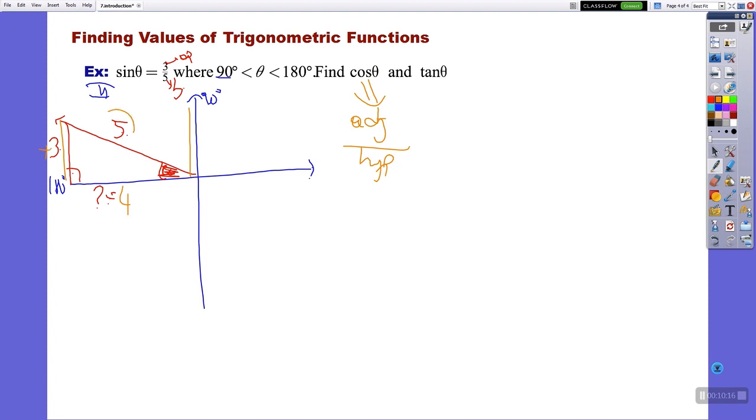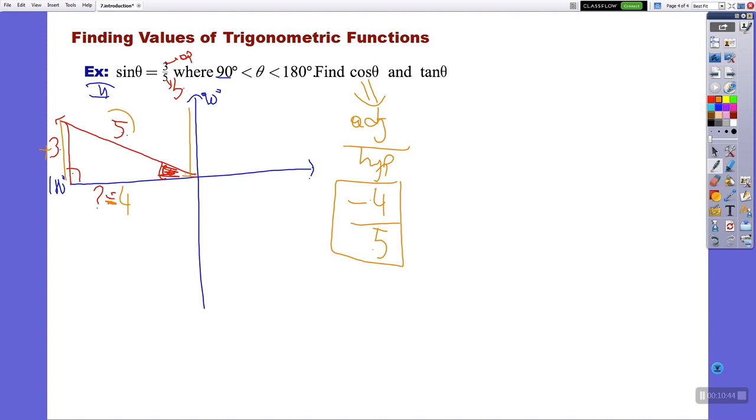The hypotenuse is always positive, but on the left of the origin, you have negative numbers. It's in the negative direction. So it's not 4 actually, it is negative 4. You have to be careful about that. So your adjacent is negative 4 and your hypotenuse is 5. Here is what your cosine theta is.